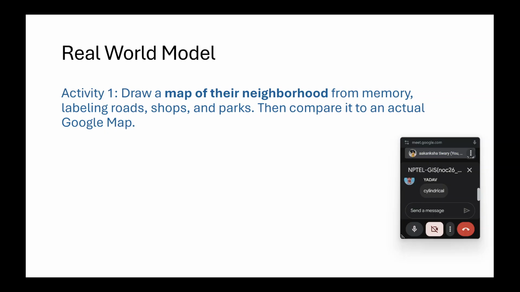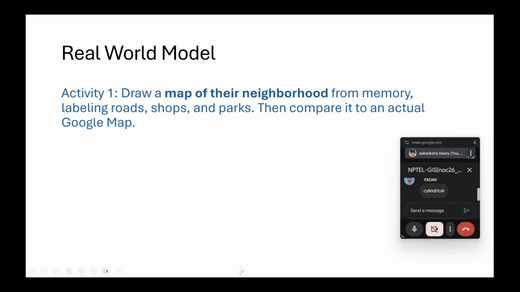Now, real world model. So this is one activity that you can do to understand what a real world model or GIS model is. The activity is to draw a map of your neighborhood from your memory, and you can label where your house is, where your park is, where the shops are, and then you can compare this with the Google map.